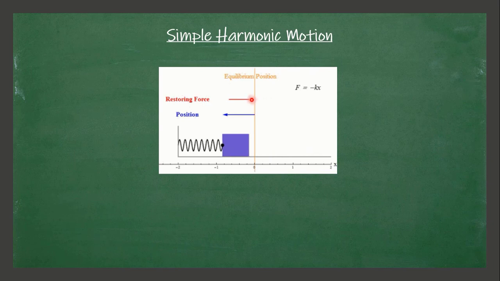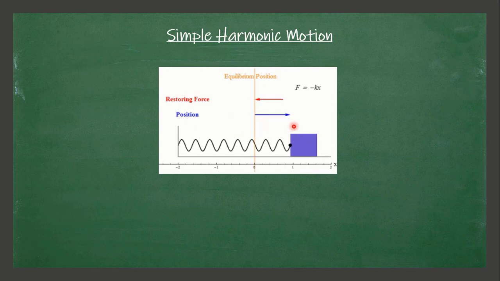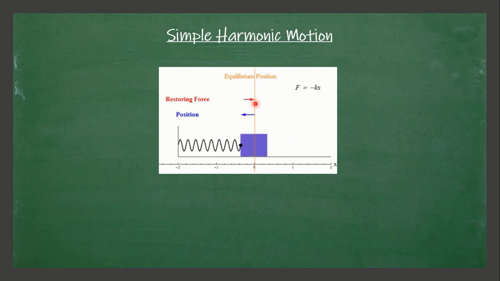But look at the sign of the force. It's opposite to the sign of the displacement. That means when the object is going in this direction, the force is acting in the opposite direction. You can see it here, and the same happens here.